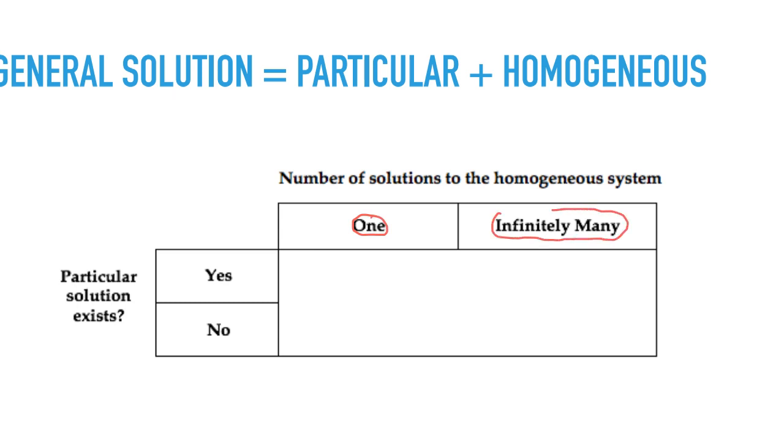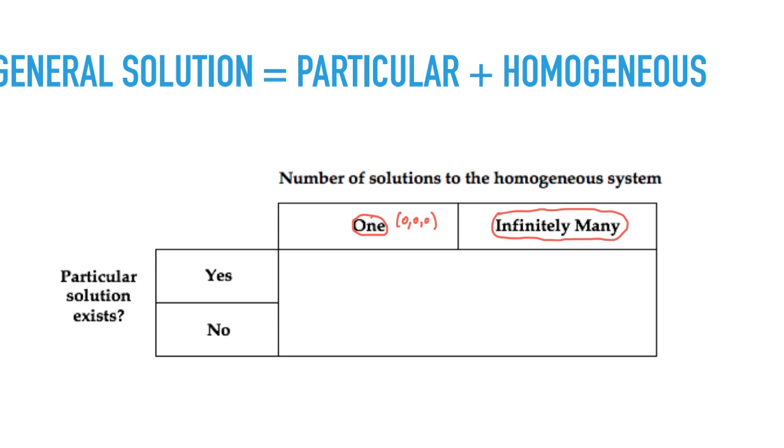It's impossible that a homogeneous system can have zero solutions, no solutions at all, because at the very least, the homogeneous system can be solved by the zero vector, 0, 0, 0, right? So the homogeneous system either can be solved only by 0, 0, 0, or 0, 0, 0, and some other things, an infinite amount of other things.